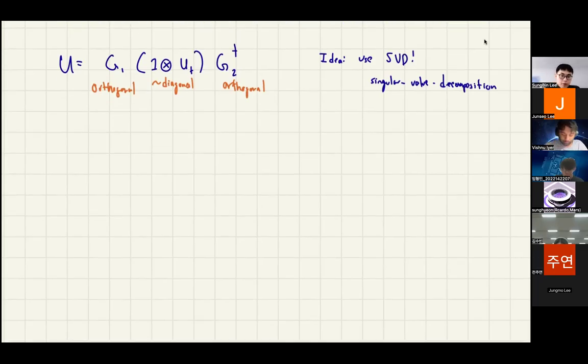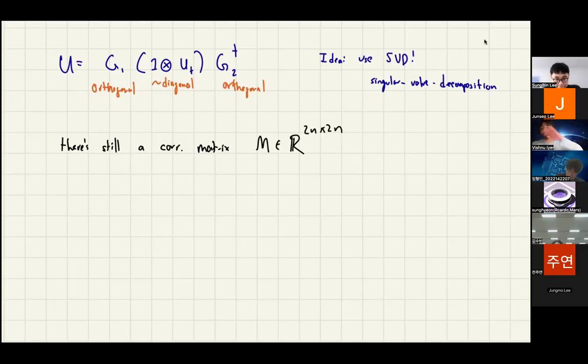So the idea is that there is still a correlation matrix M. It's a 2n by 2n matrix still. It doesn't contain all of the information, but if I take the SVD of M, I get some V1, which is an orthogonal matrix, some sigma, and some V2 transpose.